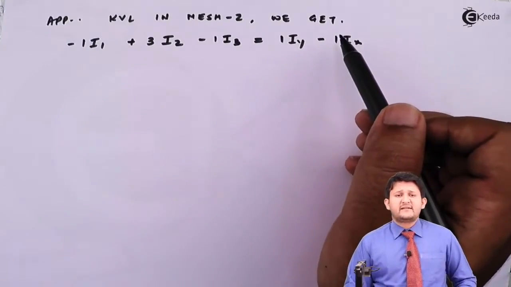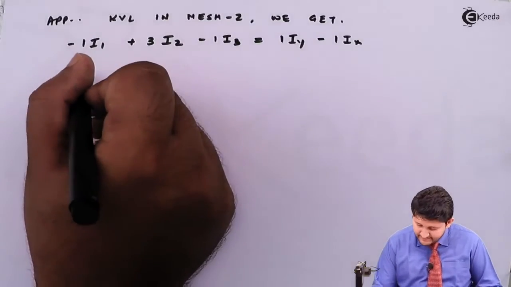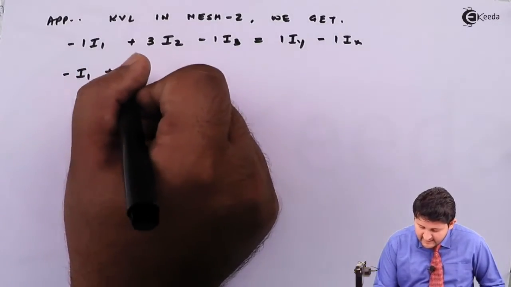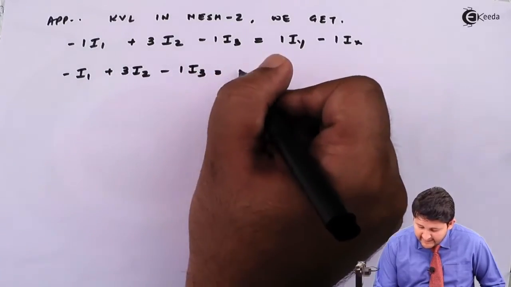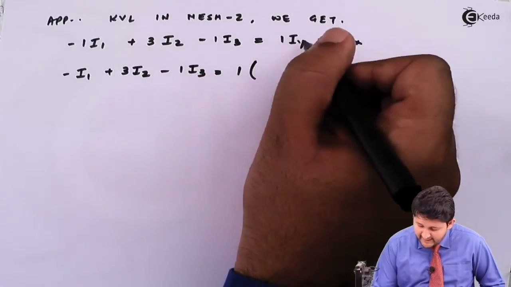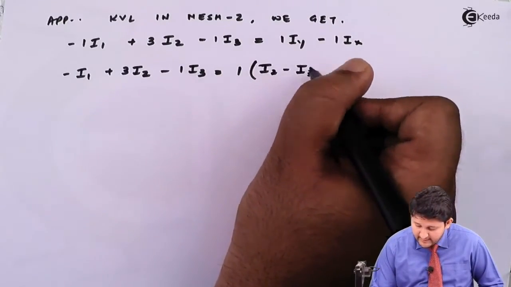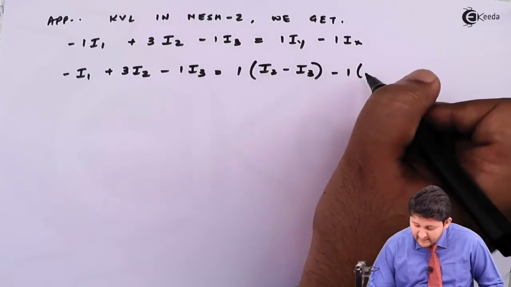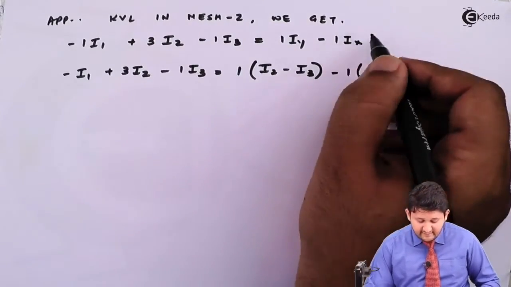So just replace them with those variables. You'll be getting minus I1 plus 3I2 minus 1I3 equal to 1 bar I1. As it is Iy, it will be I2 minus I3 minus 1. Again Ix, same thing, replace it by Ix.